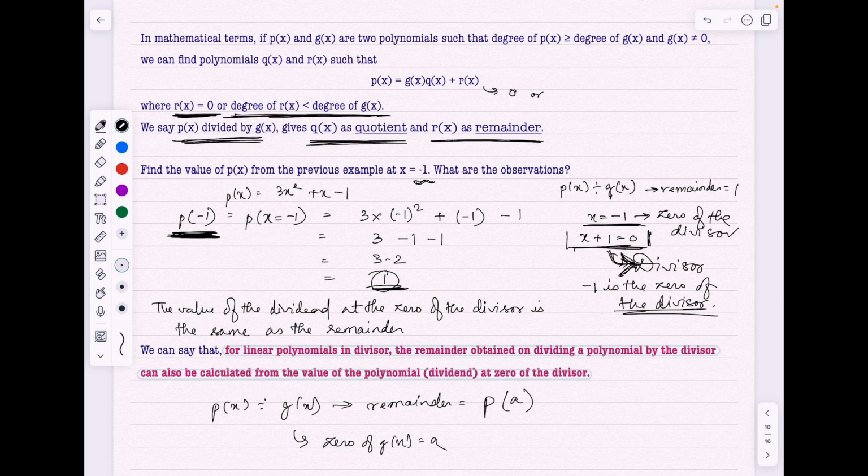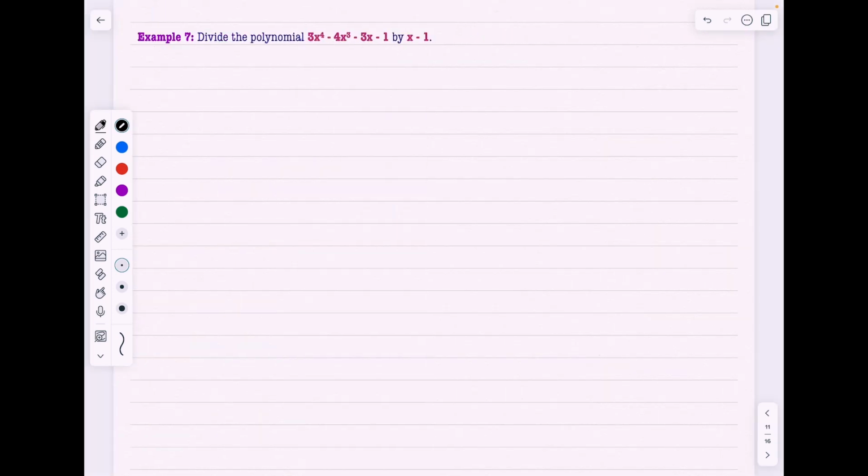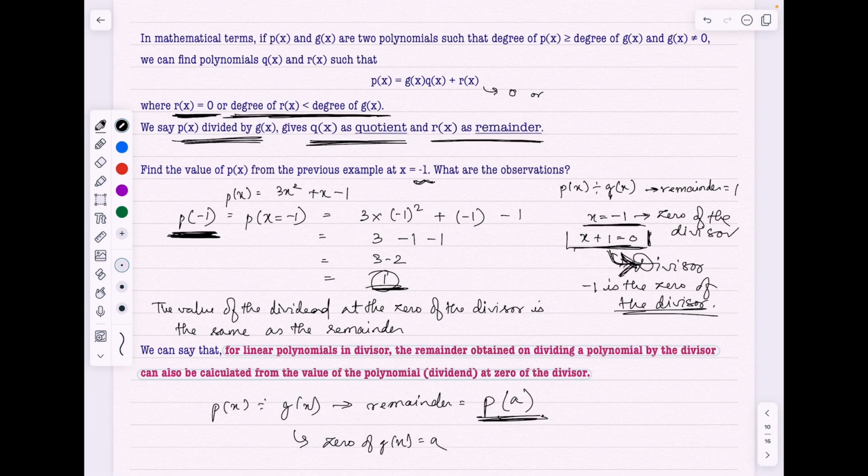Getting it? P(x) by g(x) you got a remainder, and the zero of g(x) is a. So the remainder is also equal to p(a), that is the value of the polynomial, the value of the dividend at point a.